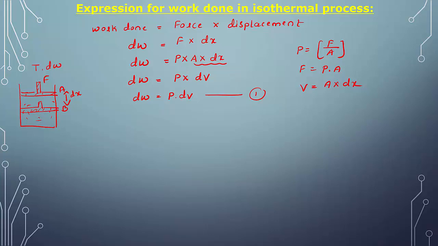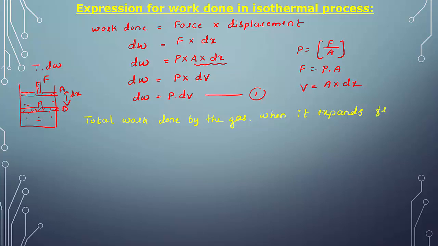Now we can consider total work done by the gas. So now I am going to consider total work done by the gas when it expands. If work is done by the system, the gas will be expanded.